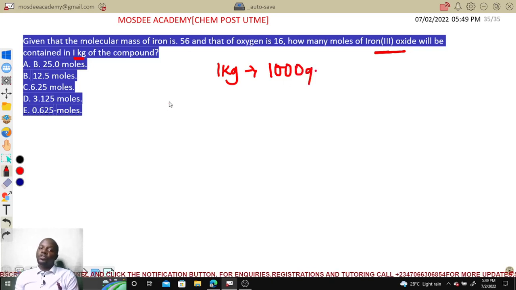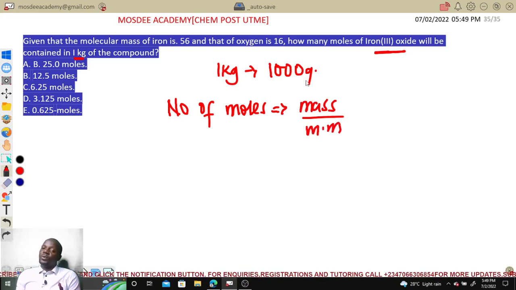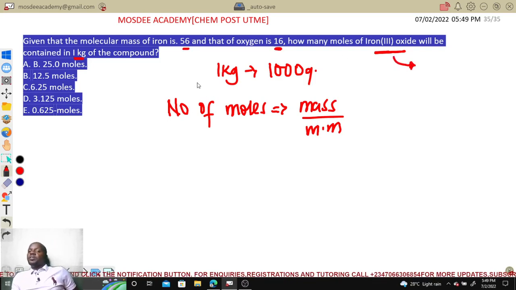Number of moles is equal to mass over molar mass. So it's a simple question. The mass is 1000. The molar mass of iron 3 oxide you use to divide. They already gave you Fe is 56, O is 16. So just write iron 3 oxide out and drop your answer in the comment section. I will be waiting for your response.